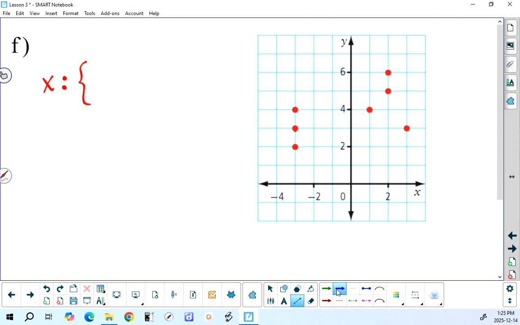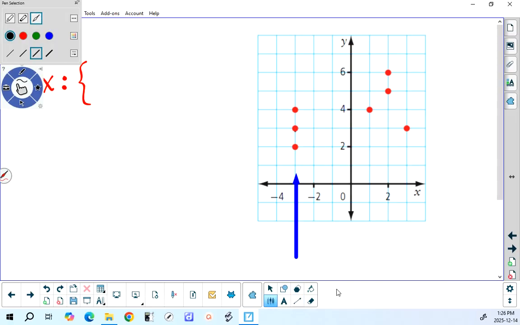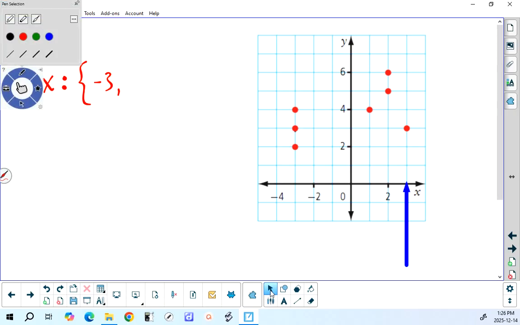What are values that x can have on this graph? Well, x can have a value of negative 3. X can have a value of positive 1, positive 2, and positive 3. So that's what we write.